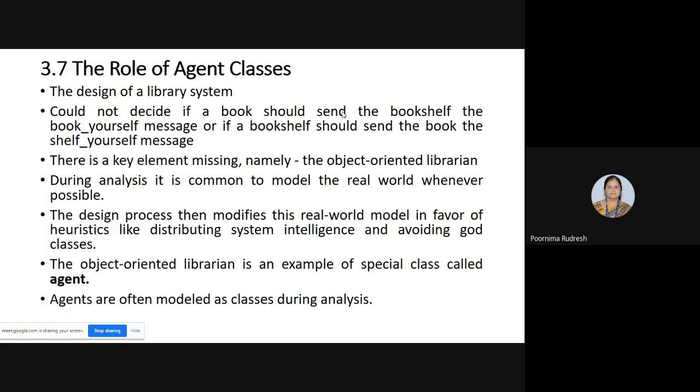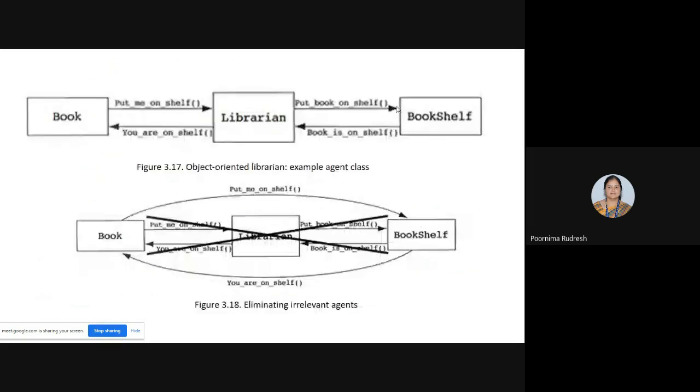Okay, we'll see this example here, and how it is modeled. Consider the first diagram. Here we have the book and bookshelves, and the librarian is created as the agent class. Then some developers or designers may argue that the librarian class is not necessary. Why?